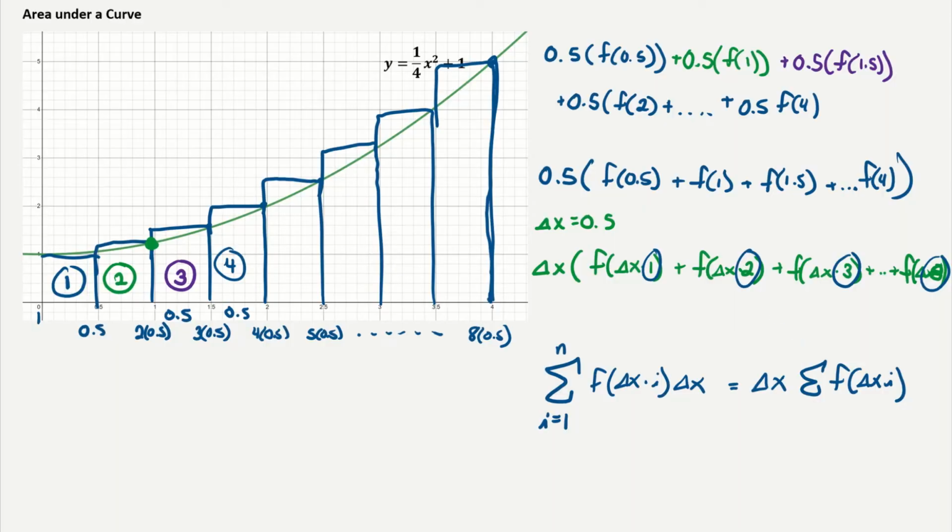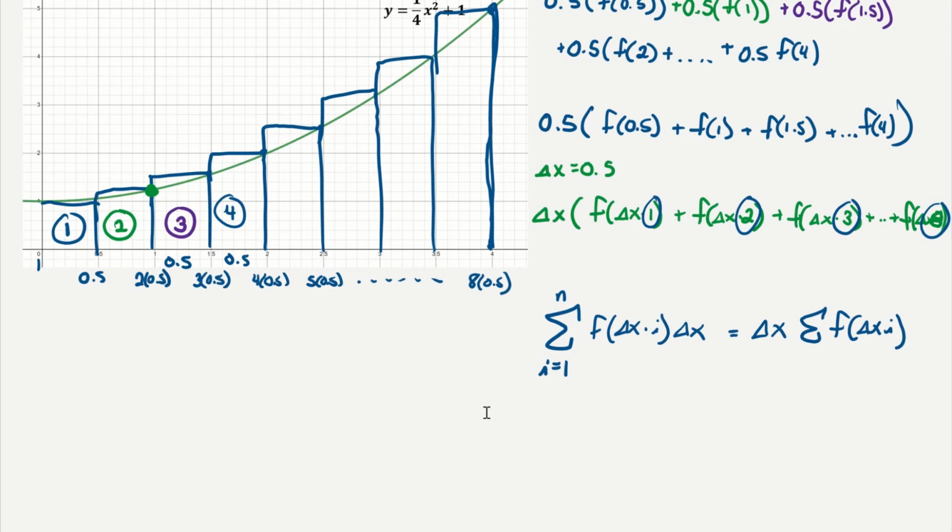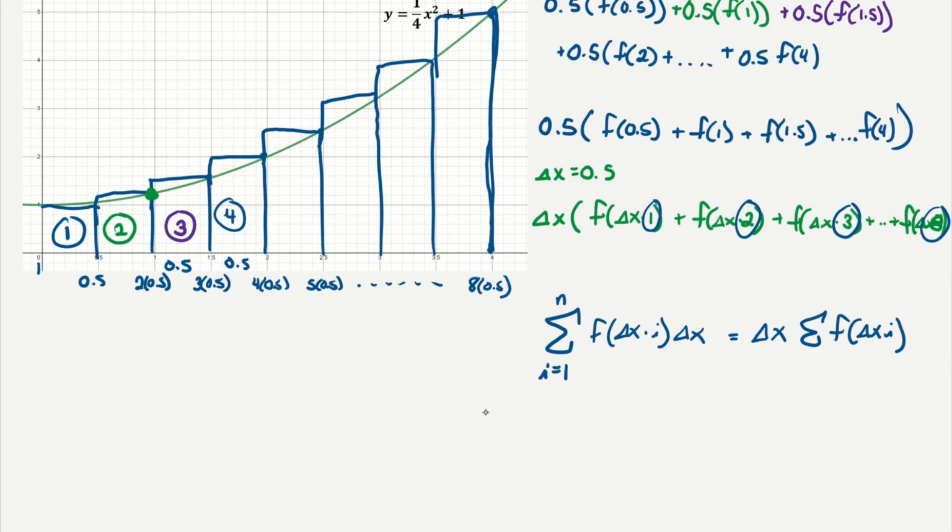And so for the full notation of finding the area of those rectangles, we could rewrite this as a summation. Maybe we can get this a little better. What is our n? Well, that would be the number of rectangles, and it looks like we have 8 of them.